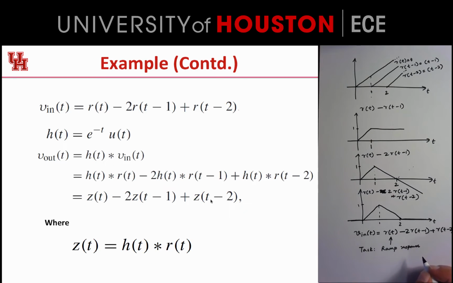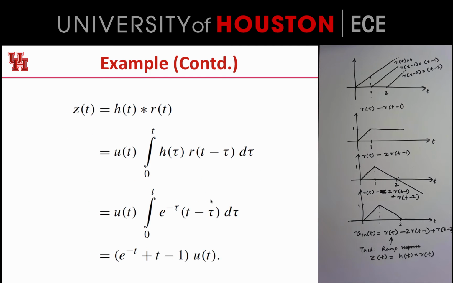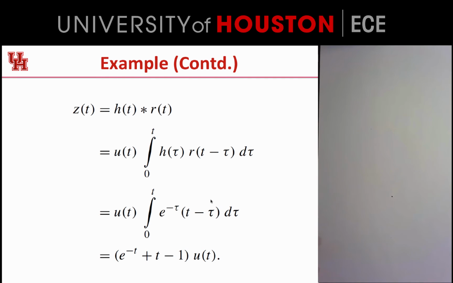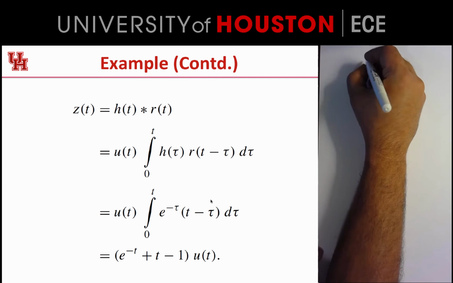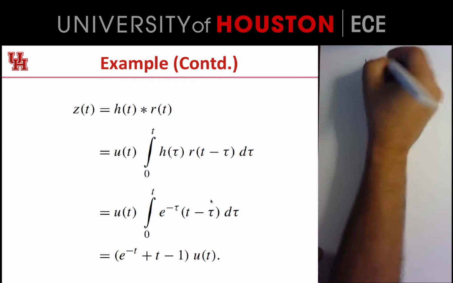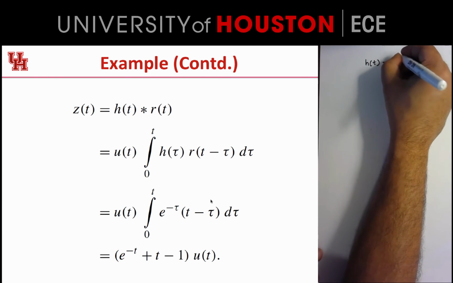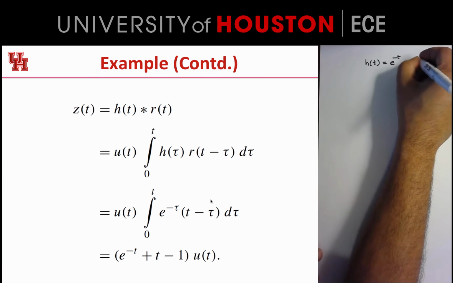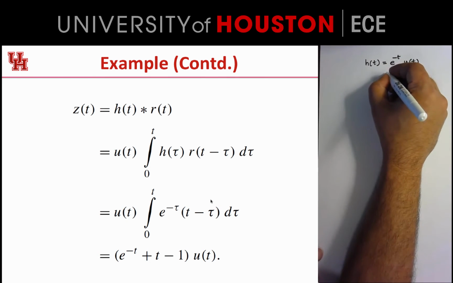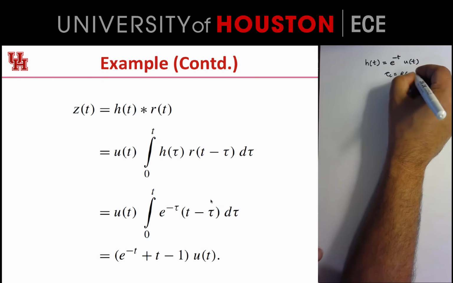So the ramp response, suppose I were to denote that by z of t, is given by h of t convolved with the ramp r of t. All right, so let's figure out what z of t is. We know what h of t is, it is e to the minus t u of t, because our tau c is RC, which is just 1.